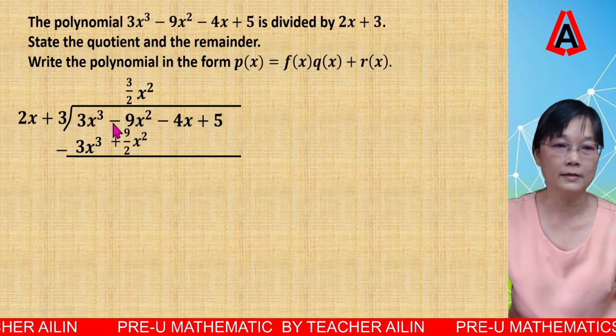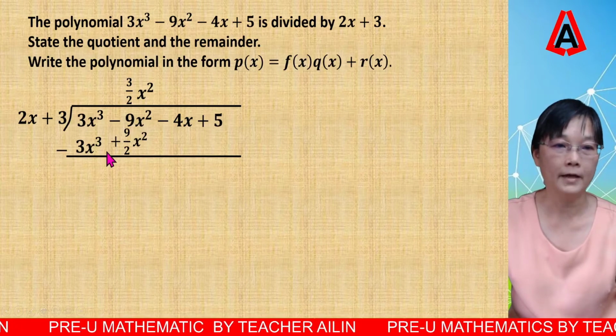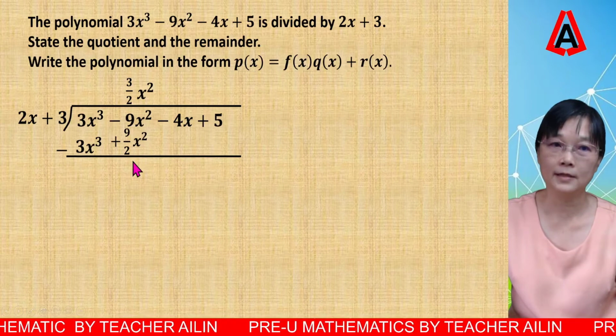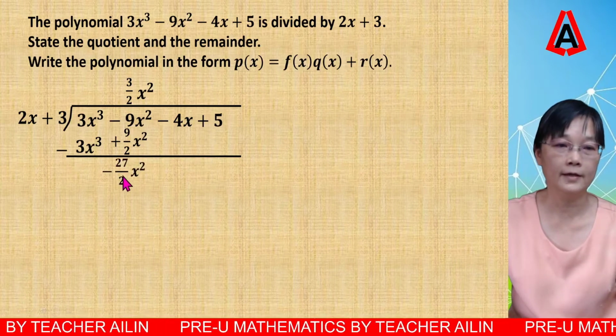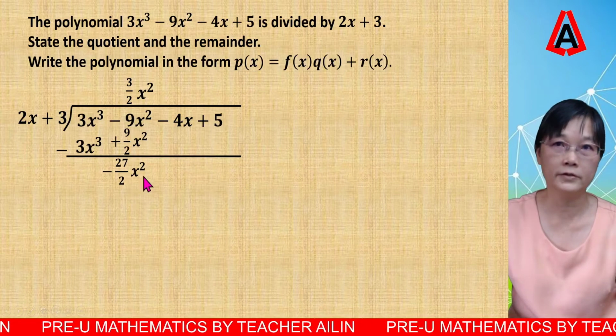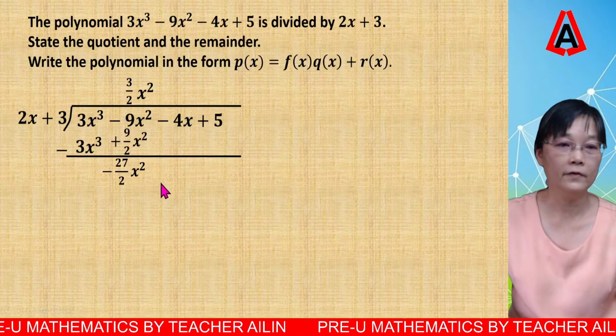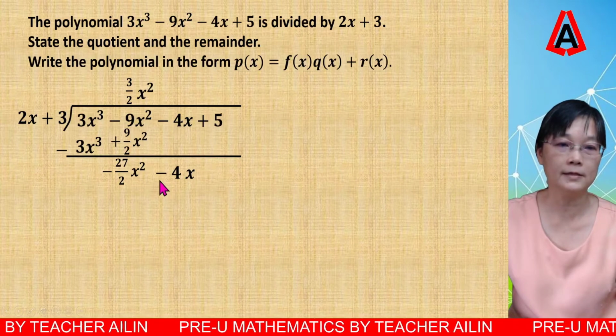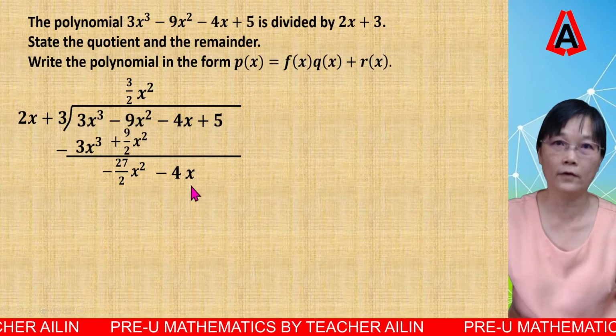Then for this one, negative 9 minus 9 over 2, by pressing the calculator, we find that the value is negative 27 over 2. Before we proceed, we need to put down the next term, that is minus 4x.